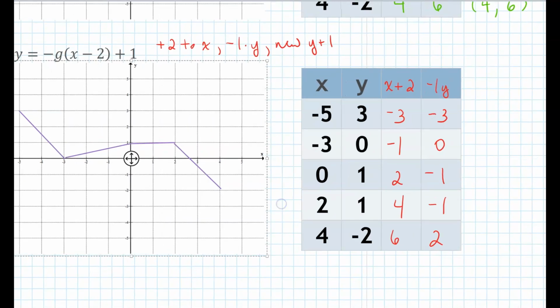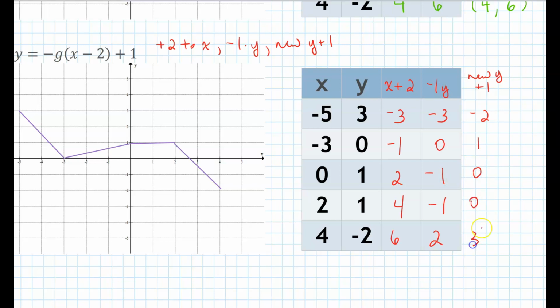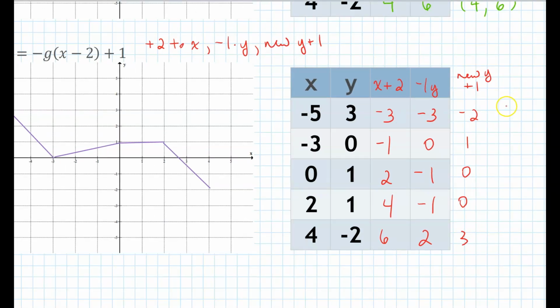All right. And then the last one is we're going to take our new y and add 1. So we have -3 plus 1, -2, 0 plus 1 is 1, -1 plus 1 is 0, we get that twice, and 2 plus 1 is 3. And I'm going to go ahead and rewrite the new coordinates, the final one.